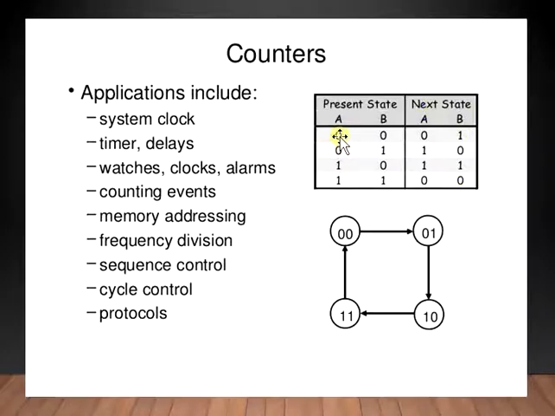So the usual sequence is from 00 you will jump to 01, that is what is being shown here. From 01 you will jump to 10, from 10 you will jump to 11, and from 11 you will reset back to 00. So you can see whatever is explained in the state diagram has been represented in the table in terms of the present state and the next state.